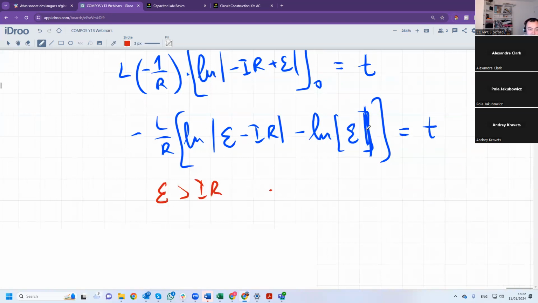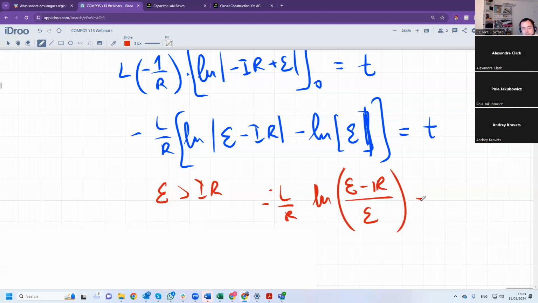Therefore, we just drop the modulus sign. So minus L over R, and it's going to be logarithm of (EMF minus IR) divided by EMF, brackets, equals t. Oh, there's no modulus, sorry.